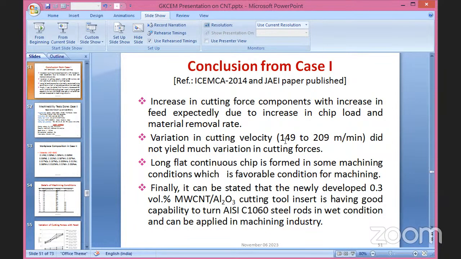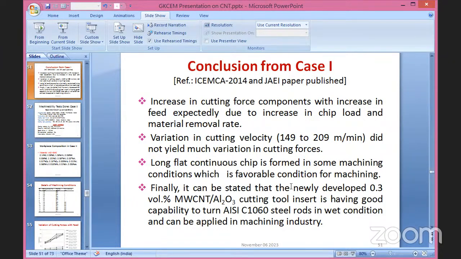Then variation in cutting velocity did not yield much variation in cutting forces, that is found out. Then long flat continuous chip is formed in some machining conditions, or rather near to this I should say, which can be considered favorable.